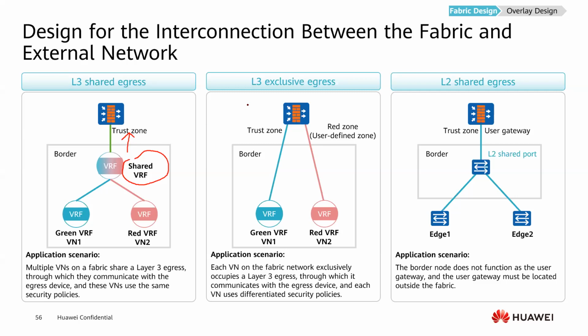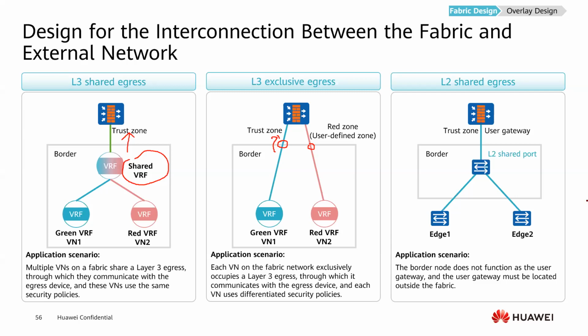And the layer 3 exclusive egress means different VNs are bound to different layer 3 interfaces, so different VNs establish different IP static VPN routes to the designated external network.